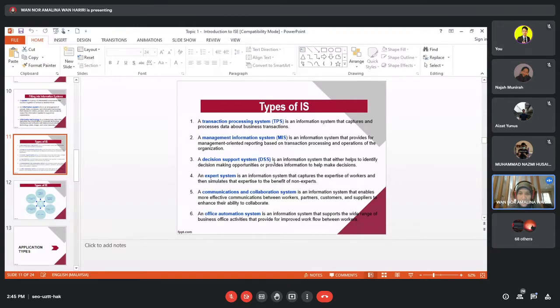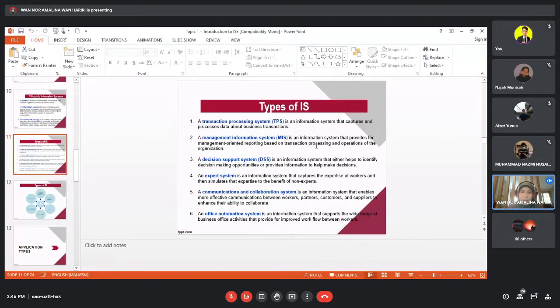Next, DSS. DSS and information systems that either helps to identify decision-making opportunities or provides information to help make decisions. Okay, so MIS dan saya akan lukis lah ya in terms of levels of management and so on.